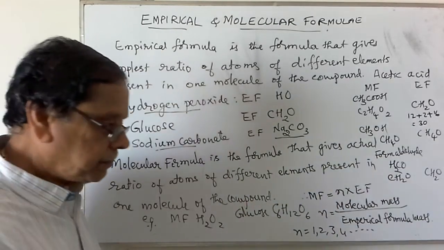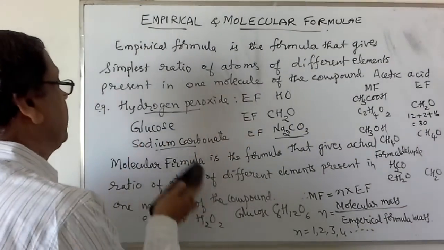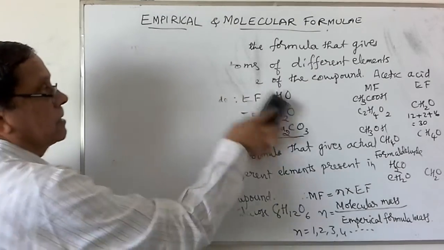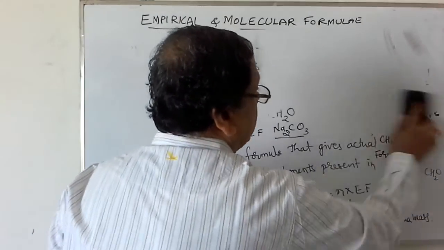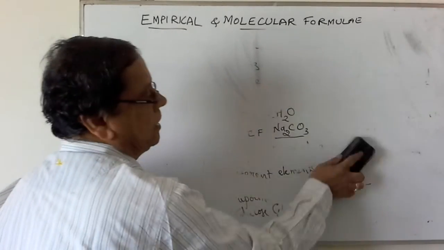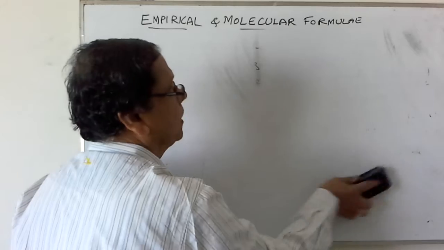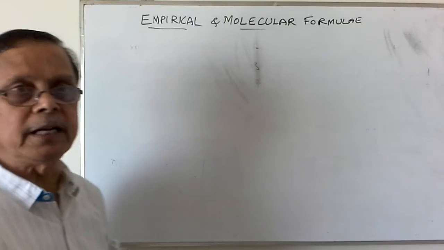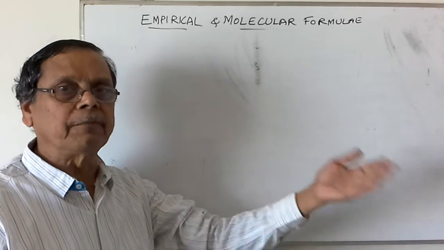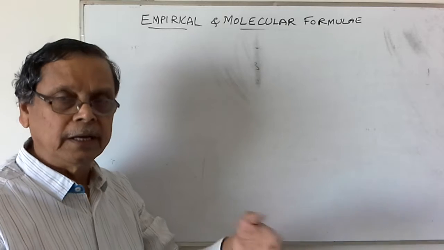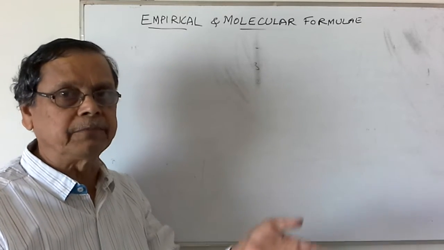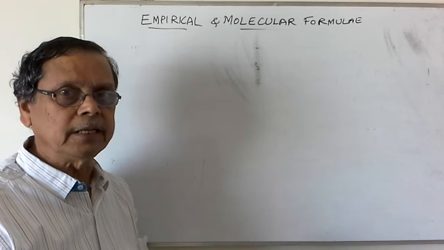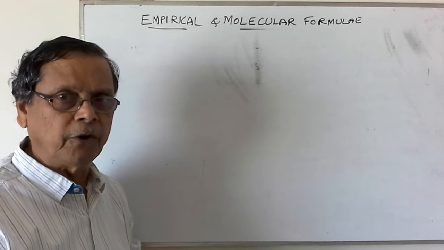Now in the calculations of empirical formula and molecular formula, let us have some examples. To calculate the empirical and molecular formula, what we need is either the percentages of various elements that are present, or some other information like how much of the compound will give rise to carbon dioxide and how much water, and how much of other compounds like silver halides or barium sulfate, etc. Using this information, we can calculate the empirical formula.